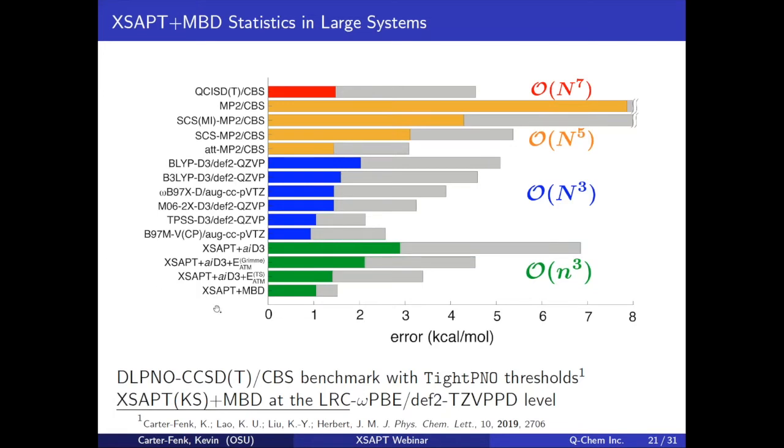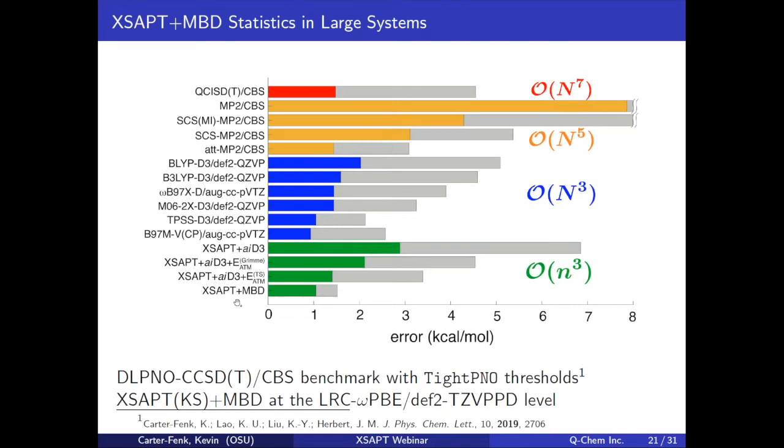And our XSAPT plus MBD method has the lowest errors overall, and the cost scales only with monomer size rather than with the size of the supersystem. So our XSAPT plus MBD approach is cheaper than canonical DFT and affords better results with an energy decomposition attached.